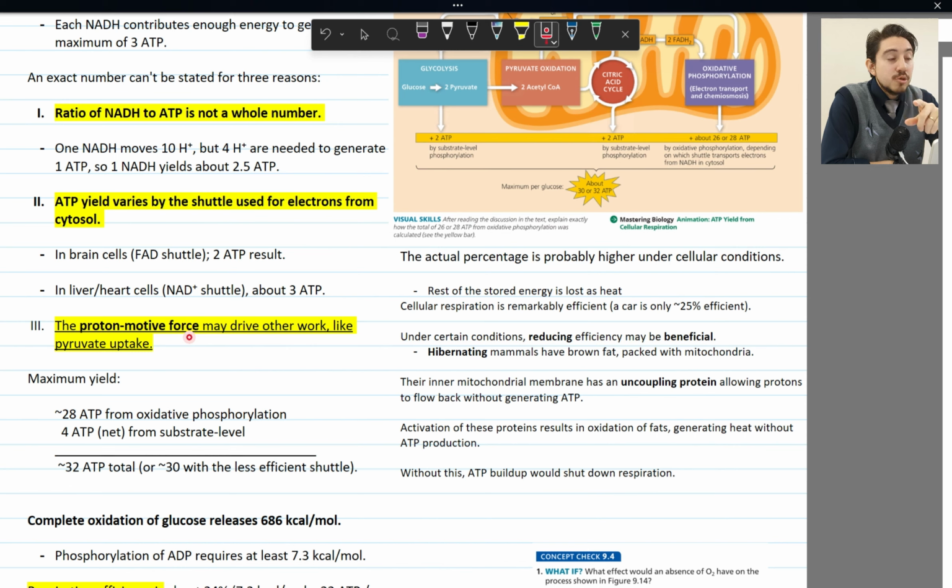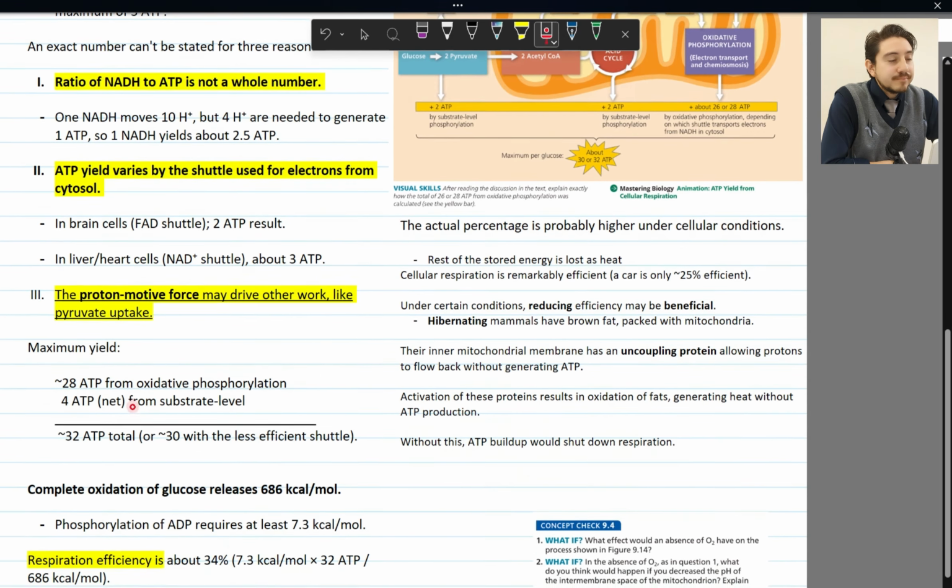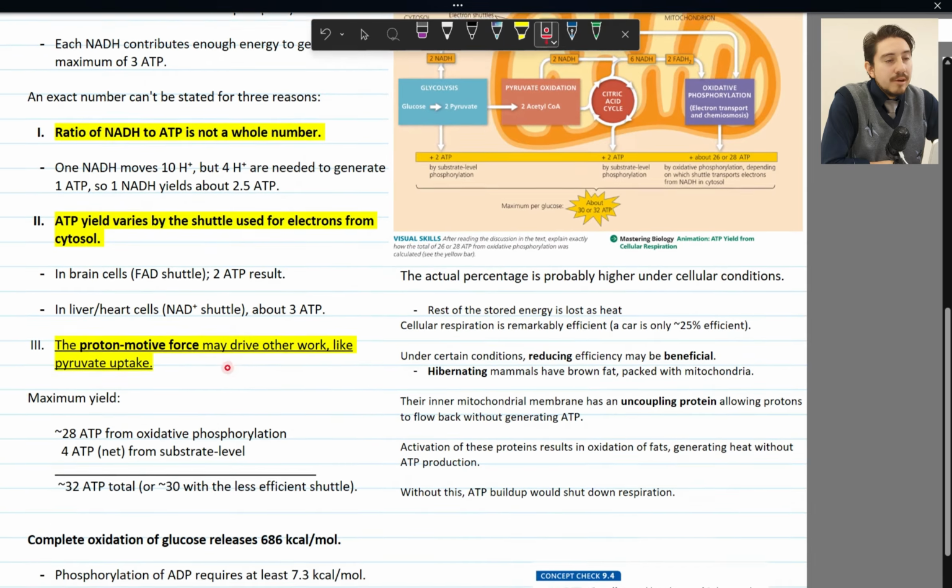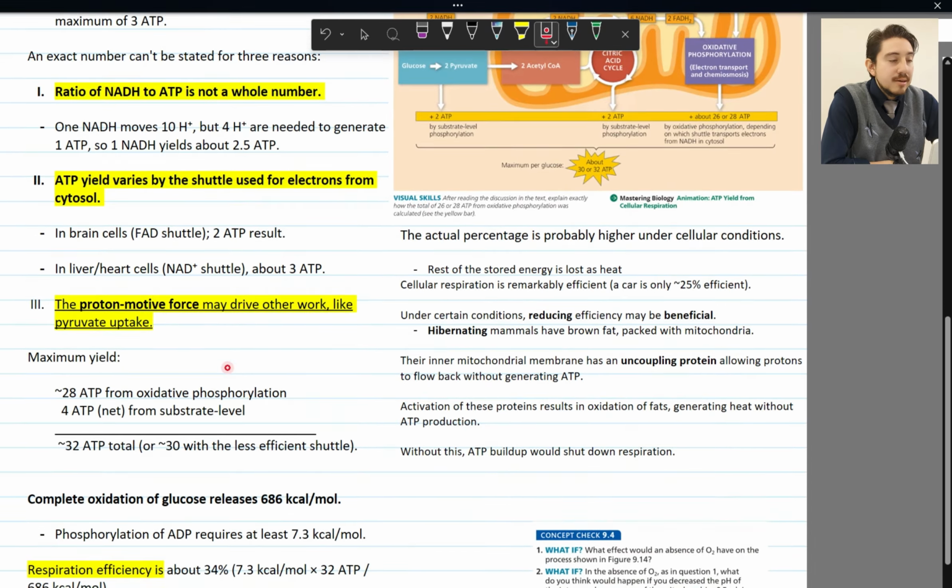It could be used to reabsorb or reuptake pyruvate, so you can use it for something else maybe. Okay, so that will lower the possible yield of ATP production. So these are reasons why you can have fluctuations per glucose molecule.